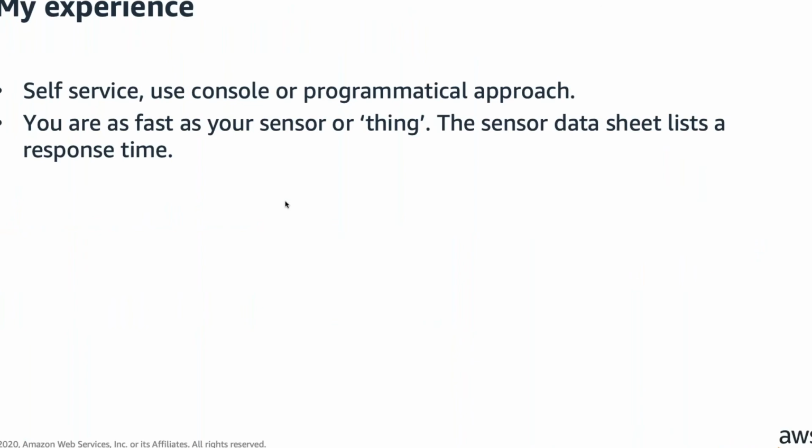And last but not least, my personal experience is that I've done this all in a self-service fashion. You can definitely use the console, or you can use the programmatic approach by APIs and CLI, and you are as fast as your sensor or thing is.